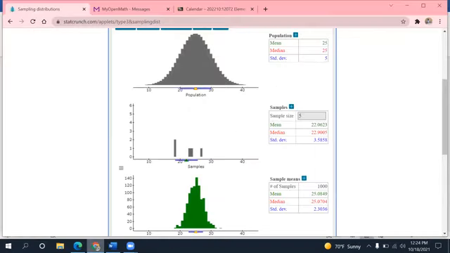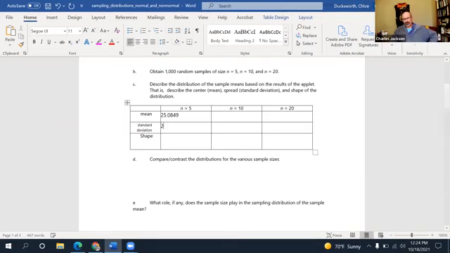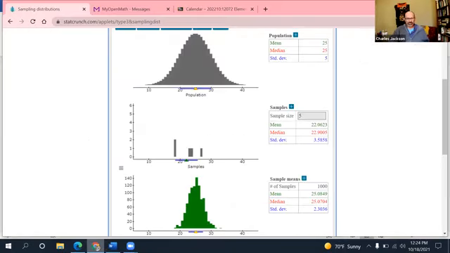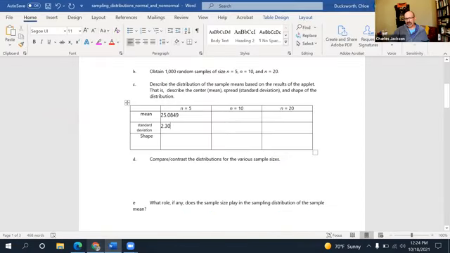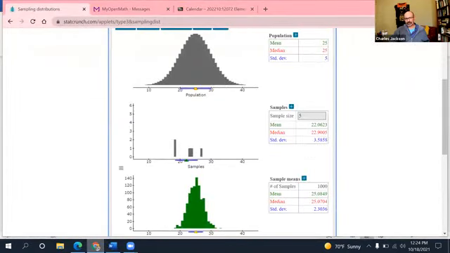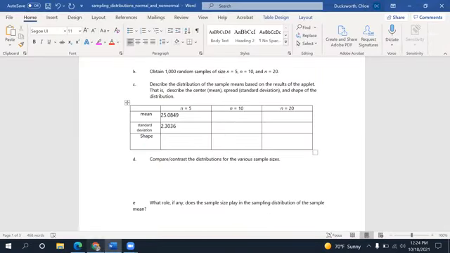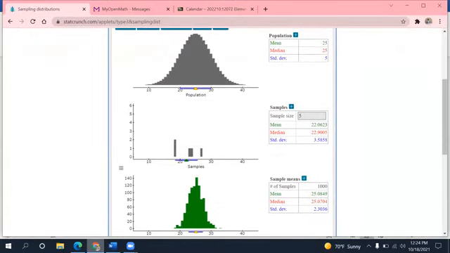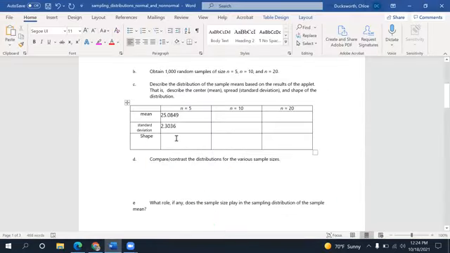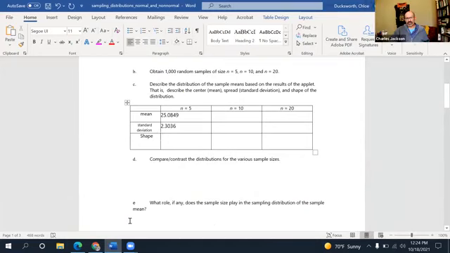And then the others, we're going to have to describe the shape also, as you can see. So the others maybe can be looking at that green there and thinking, how would I describe that shape? I would say it's bell shaped. Yes, I agree. Is there anything else that anyone would add about that green shape?